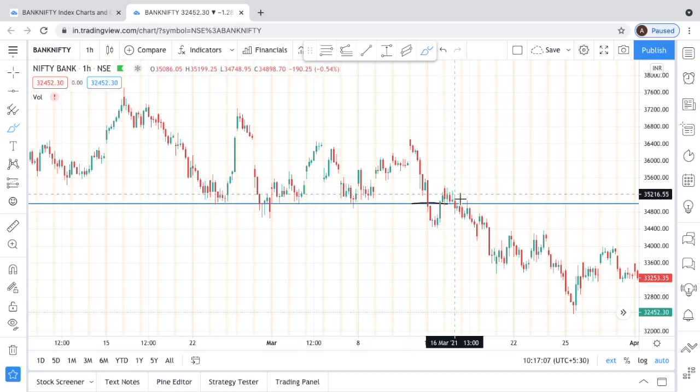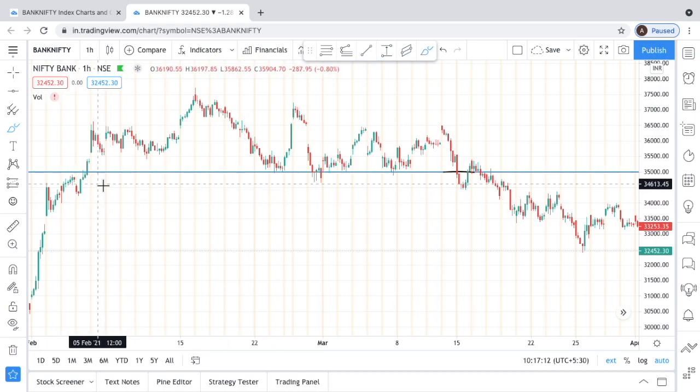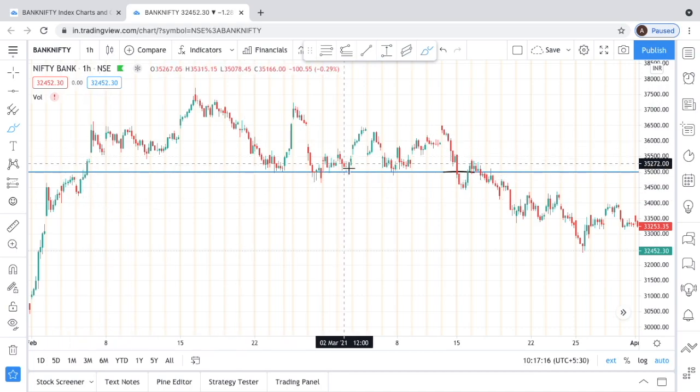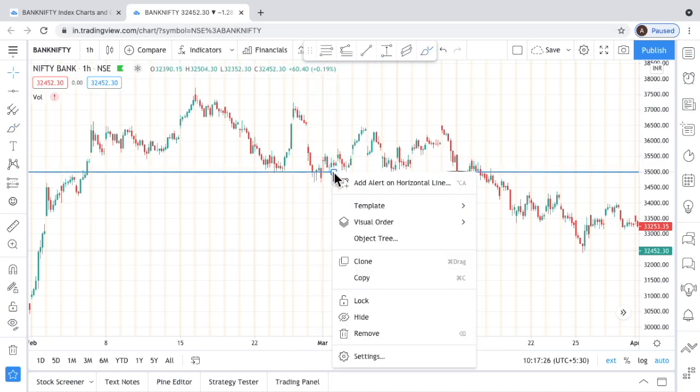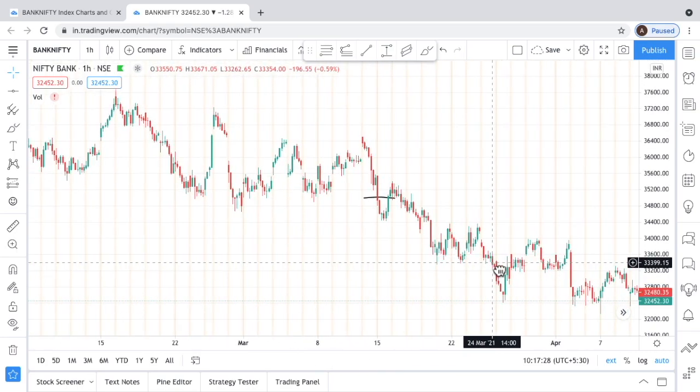We exited our profits here, but the next day it retested and again fell. In the live market, especially the indices, sometimes it perfectly touches the support and goes up. Sometimes it gives a wick or some kind of rejection and then moves up or down further.